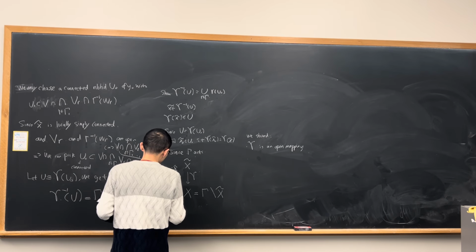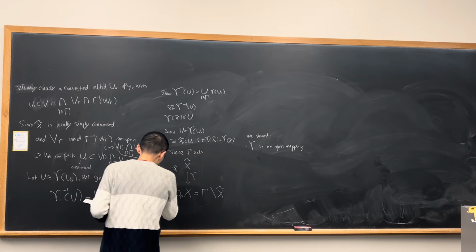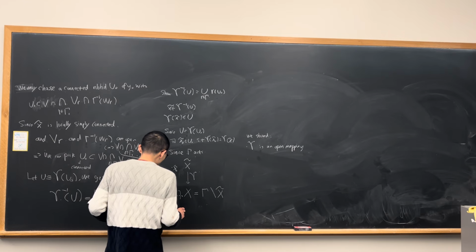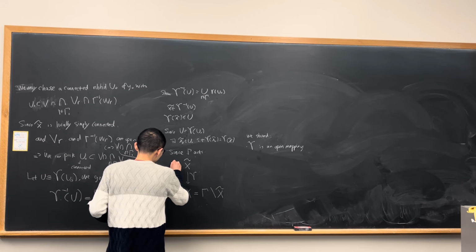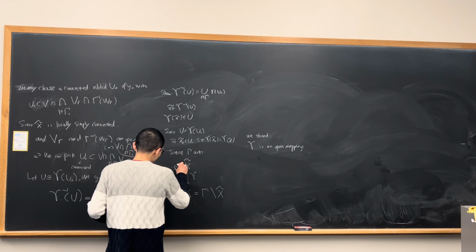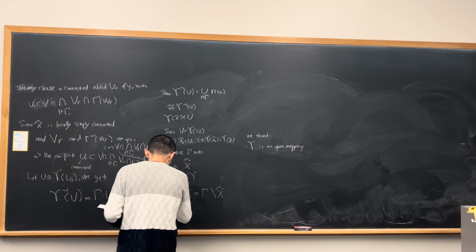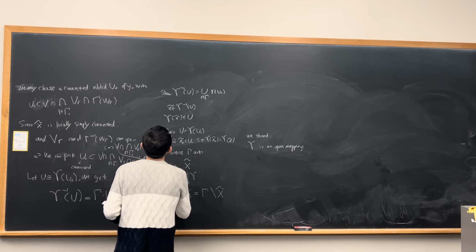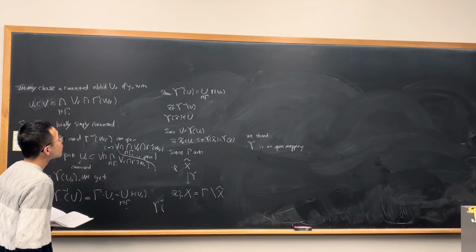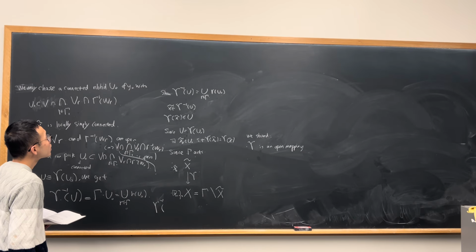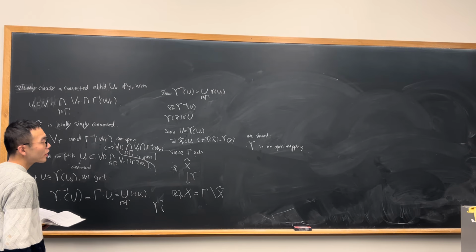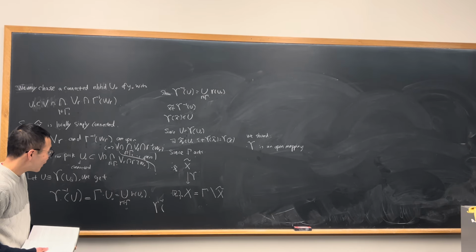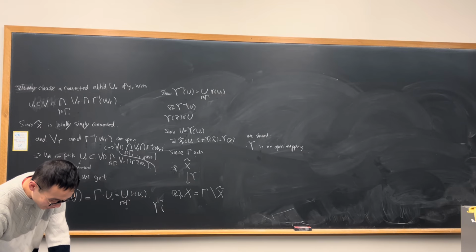The fibers are exactly this x naught together with the others. If you take the gamma inverse of this, I think we're done, right?